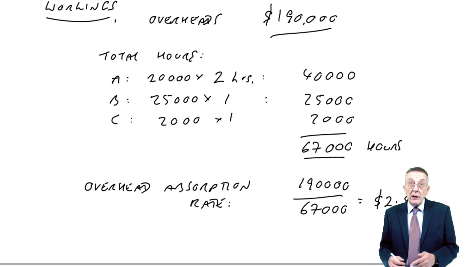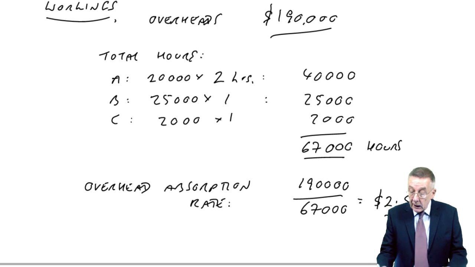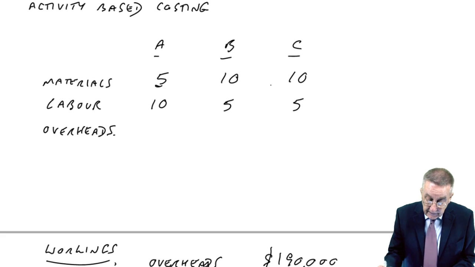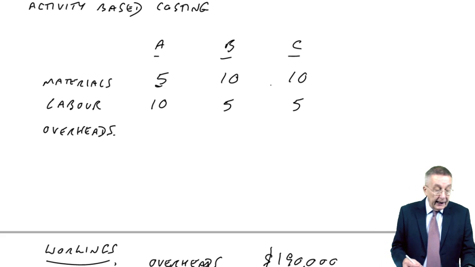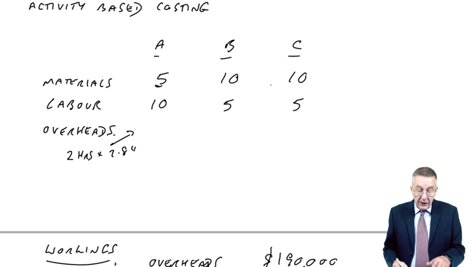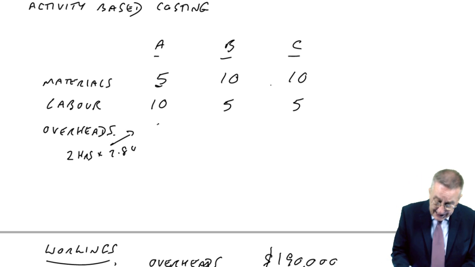However, having worked out that the overheads are costing us $2.84 an hour, now we can finish off the cost cards. And at $2.84 per hour, well, product A takes 2 hours a unit. At $2.84 is a total of $5.68.